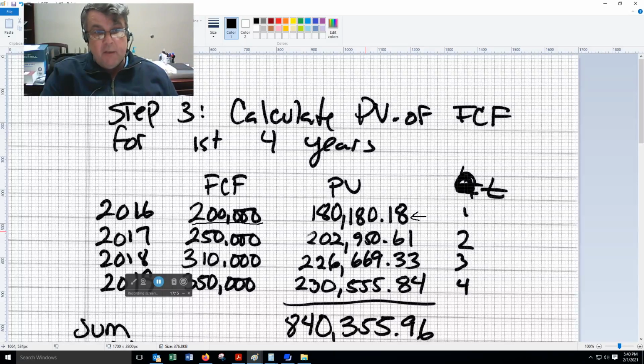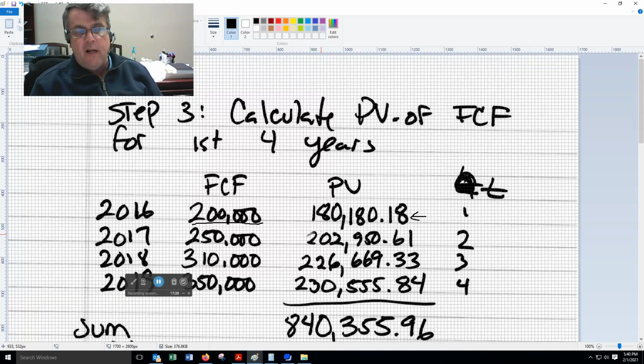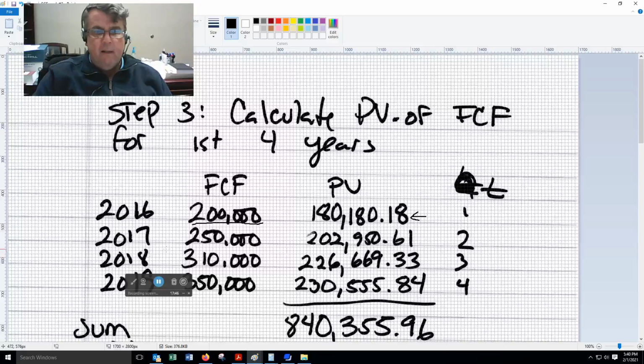That was 11%, so you hit 11 IY. I got 3 keys. I'm computing the fourth. Then I hit compute present value. And that will give me the present value of these free cash flows at the end of 2017. You can see here I got $202,950.61. Then we go to the cash flows in 2018.